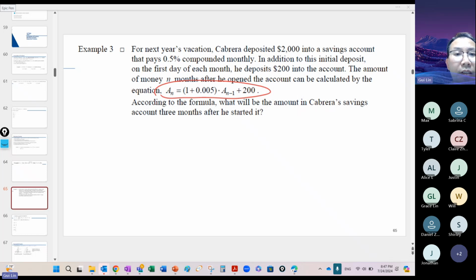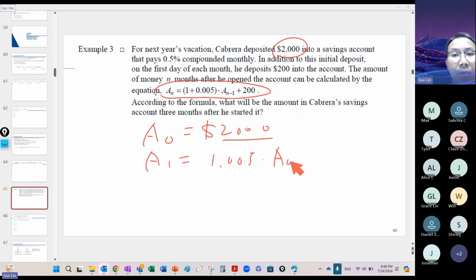So let's see. The first month is already given. So we say initial, okay? So it's already $2,000. So what's the first month? It would be 1.005 times A0 plus 200.